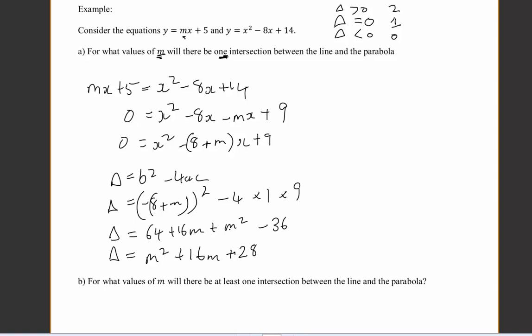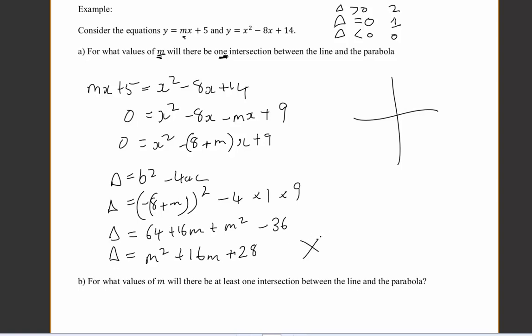Okay, so what we've got here is a discriminant versus m, and actually we can graph that. And I know the other Mr. Miller is going to show you how to do this for the previous exercise. This is a really good thing to do.